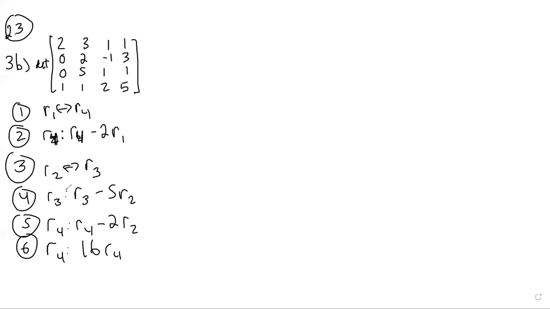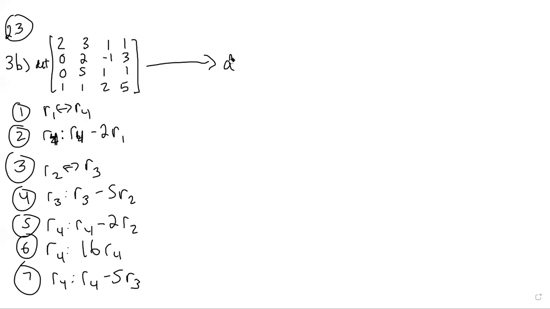Not necessarily asking for reduced row echelon form, but just some echelon form. And then finally, the last action that we would do is again row 4 minus 5 times row 3. And what you would get through steps 1 through 7 here is going to be this new matrix.